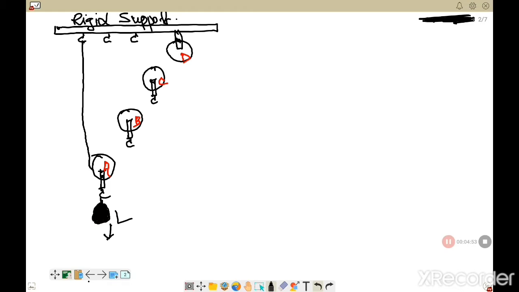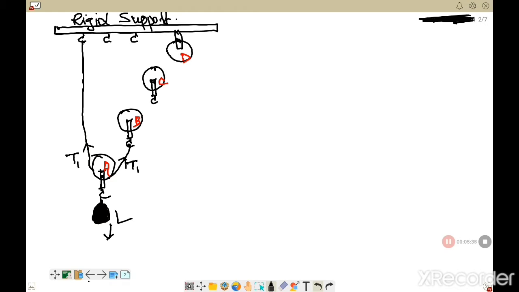You see that one end of the string is attached to the hook which is supported by a rigid support, and the other end of the string, passing through the pulley, is attached to the hook of the second pulley, that is pulley B. Now this load L is balanced by the tensional forces acting on these two segments of the string, and let those two tensional forces be T1 and T1. Since both these segments are of the single string, we'll have the same tensional force on both segments of the string.